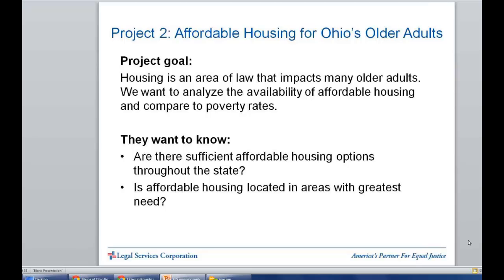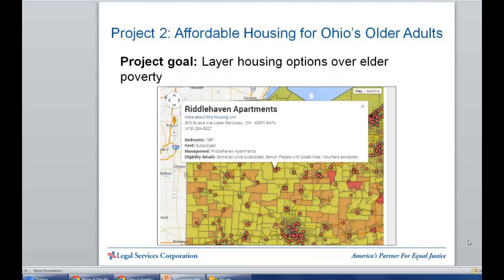Are the options located in the areas with the greatest need? And this is what our final project is going to look like. So we have our polygons that are shaded in, and then we have our dots, which are representing each of the housing options.